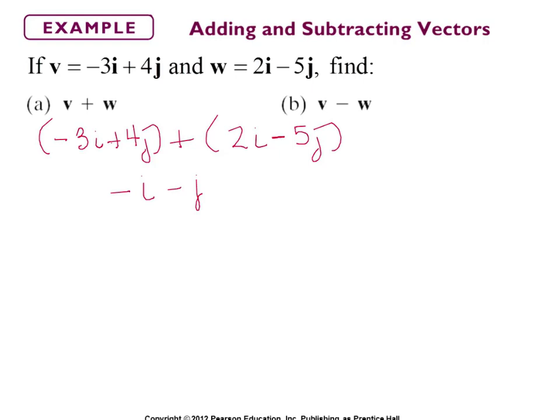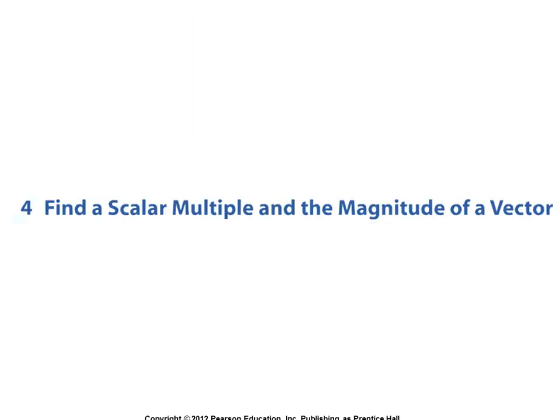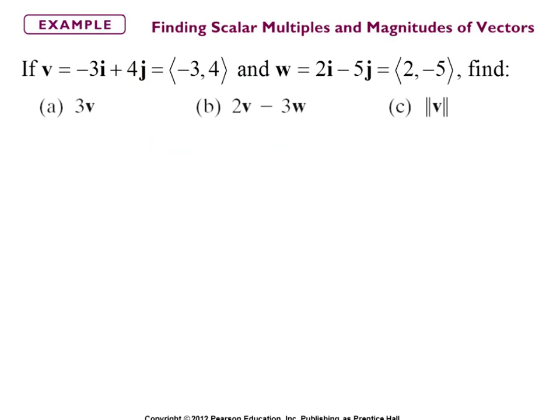And obviously, if I subtract them, it would be minus 3i plus 4j minus 2i minus 5j. So we distribute the negative and we get minus 5i plus 9j. Okay? I think that's pretty simple. And again, for any of these, I'll just do them really quick because they're pretty simple.